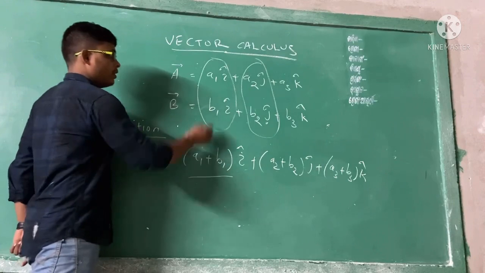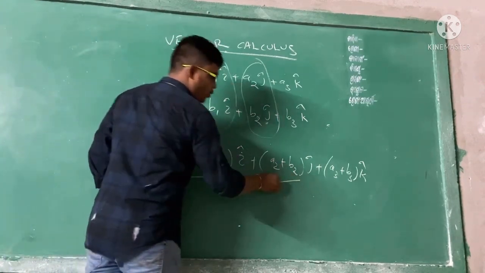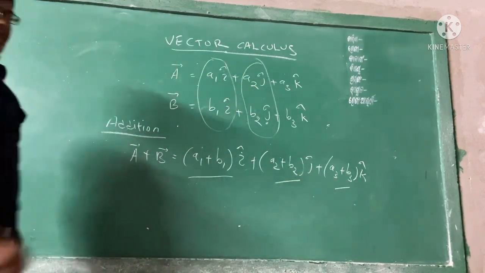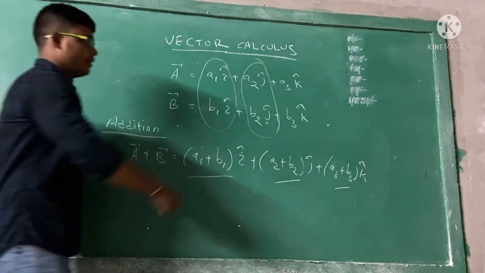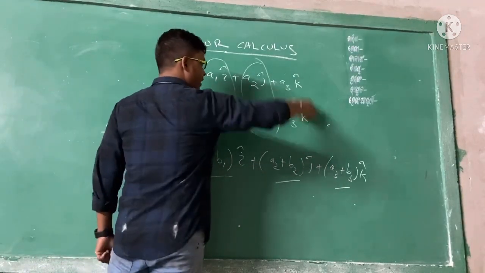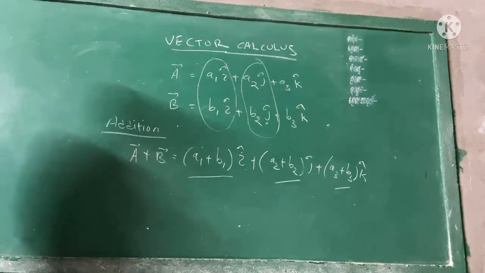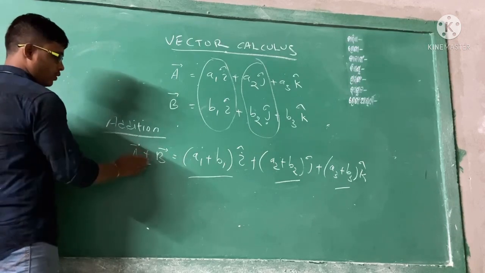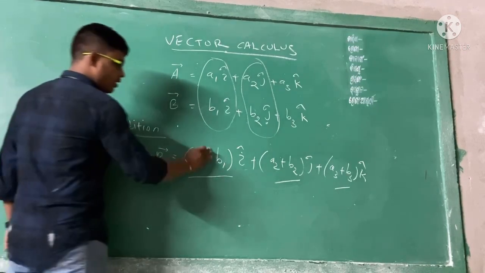You have to find the coefficient of i cap in a and the coefficient of i cap in b, then add them. Remember there are two plus signs: one is a1 plus b1, that is due to the coefficients, and the other is the middle plus sign.